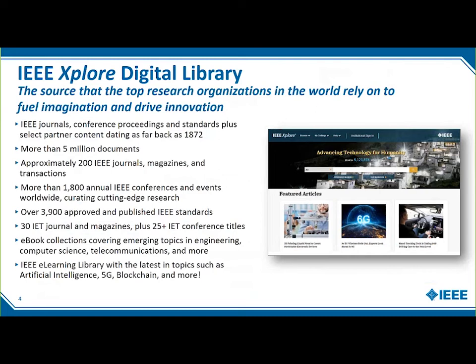And we develop standards that underpin many of today's top technologies. Probably our most famous is the 802.11 Wi-Fi standard. And all of this content that we publish is discoverable via the IEEE Xplore Digital Library, which has more than 5 million full-text documents dating as far back as 1872.